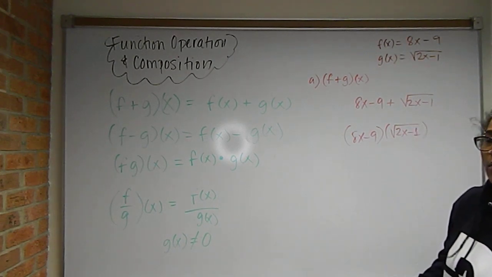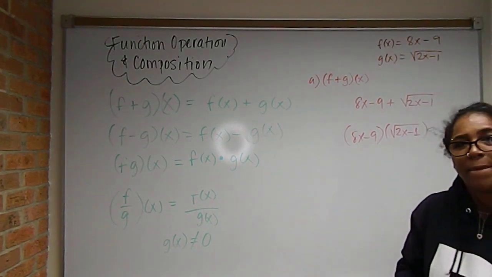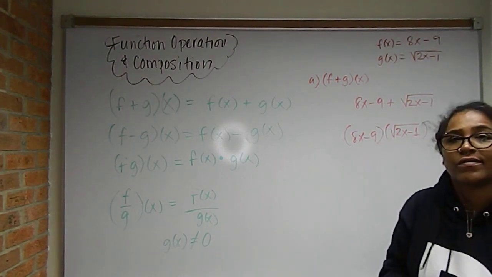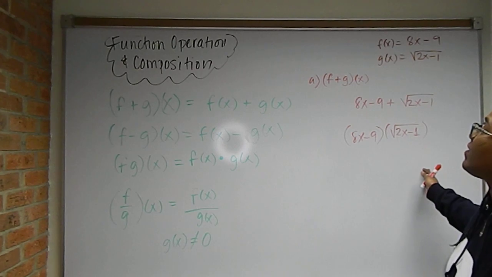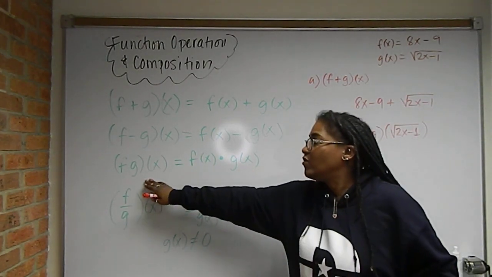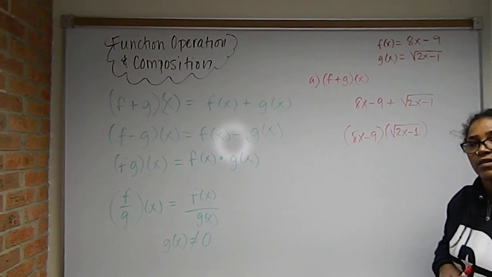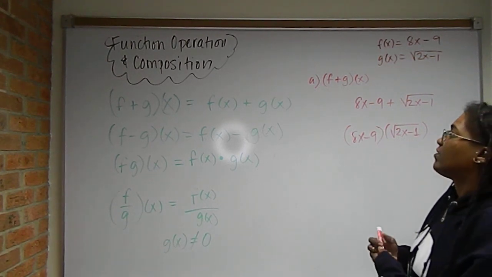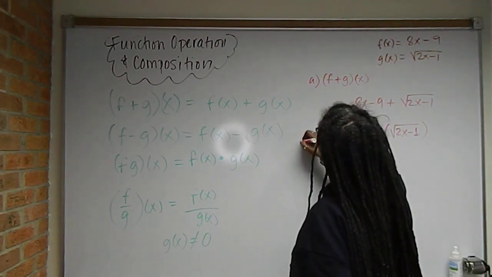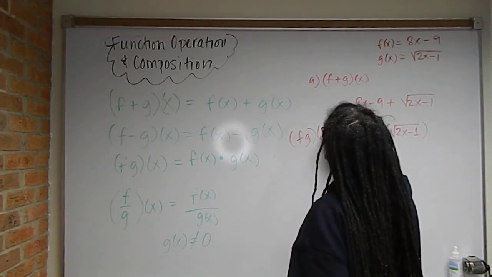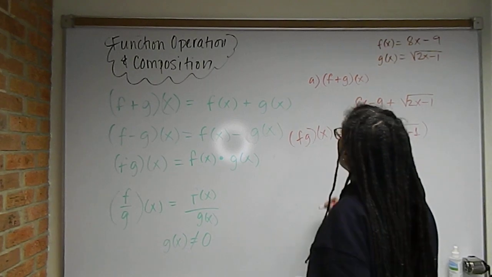And again, we can't multiply that right now because this one's under the radical and this is just a regular binomial. So if it says fg times x and these are your functions, that's what it looks like. All right? So here, let me show you. This is fg of x. That's this one.